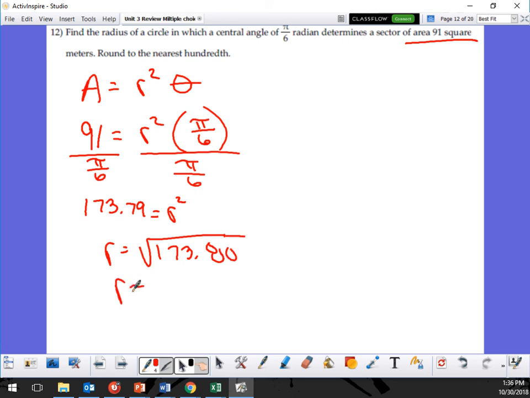So r is going to be about 13.18 meters, which is A. In my multiple choice, that's letter A.